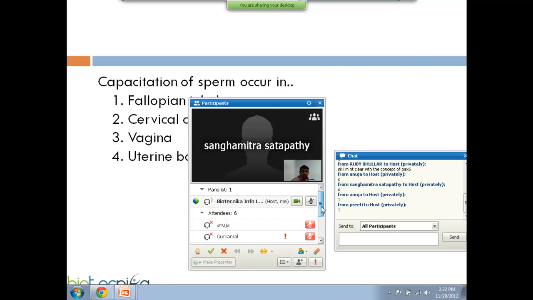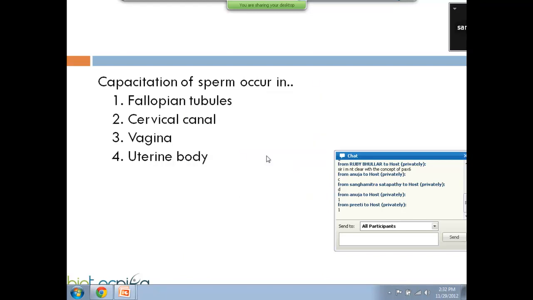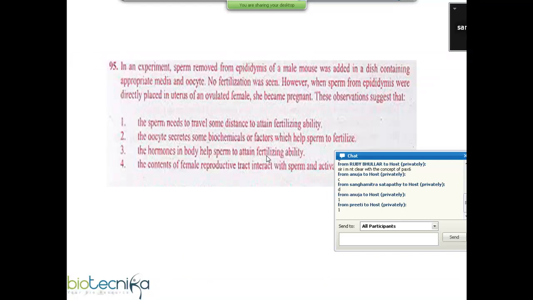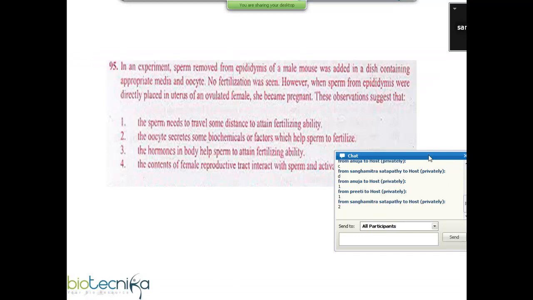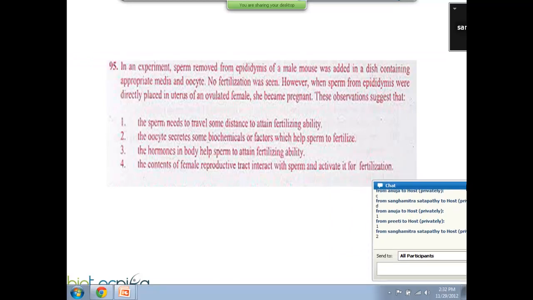Okay, 1 or 2 people are there. This is your 95. Can you guys read it, right? If you want, you can switch off the light.